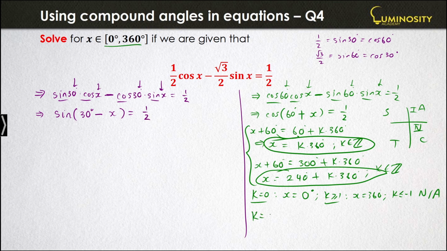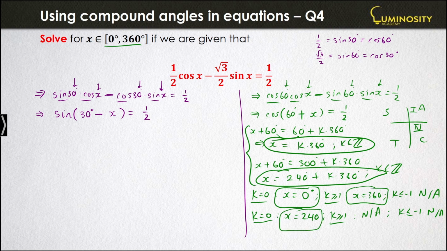For the fourth quadrant, k equals 0 gives x equals 240 degrees, which is applicable. For k greater than or equal to 1, there are no solutions in the given domain, and similarly for k less than or equal to -1. So the only solutions are 0 degrees, 240 degrees, and 360 degrees.